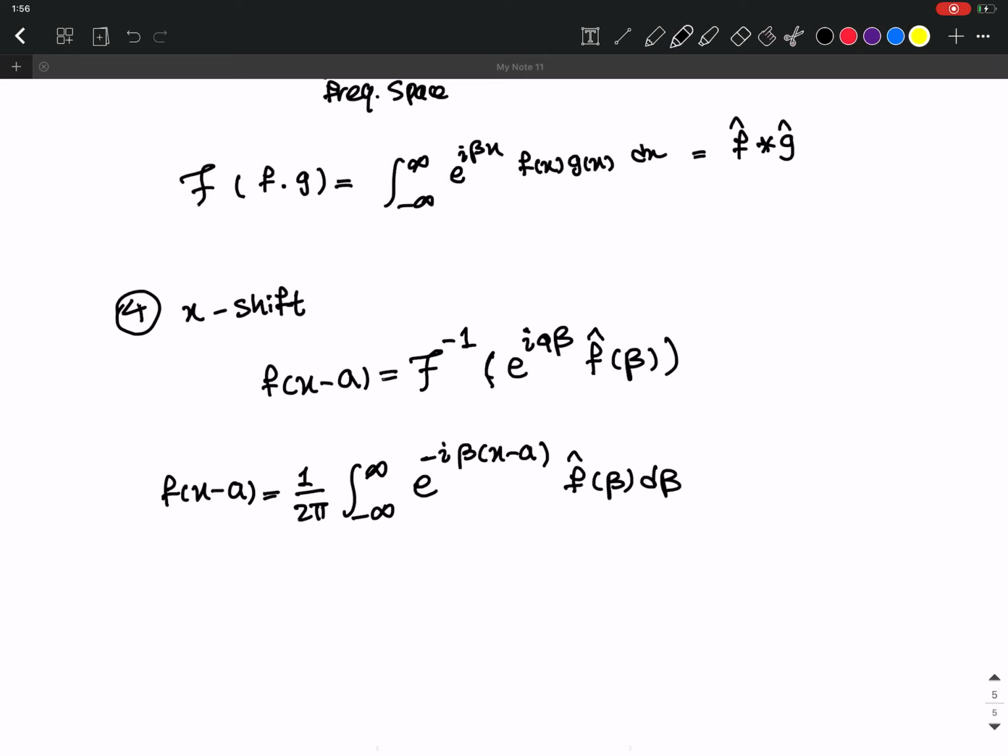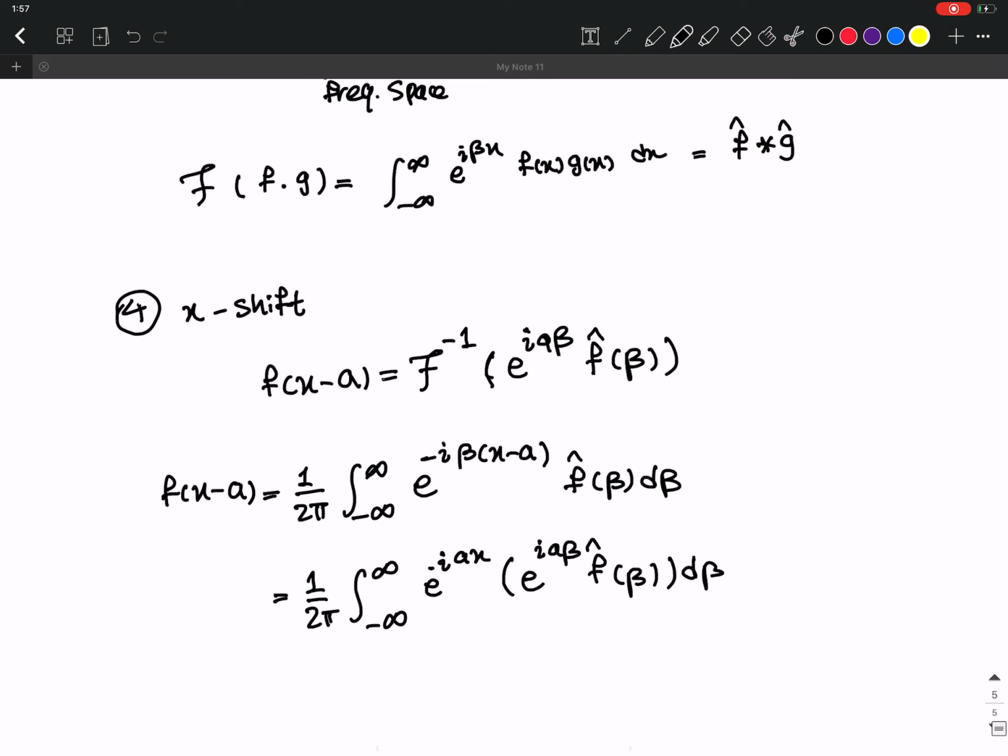So this is gonna be 1 over 2 pi, the integral from minus infinity to infinity, e to the power minus i beta x, times e to the i a beta, f hat beta times d beta.